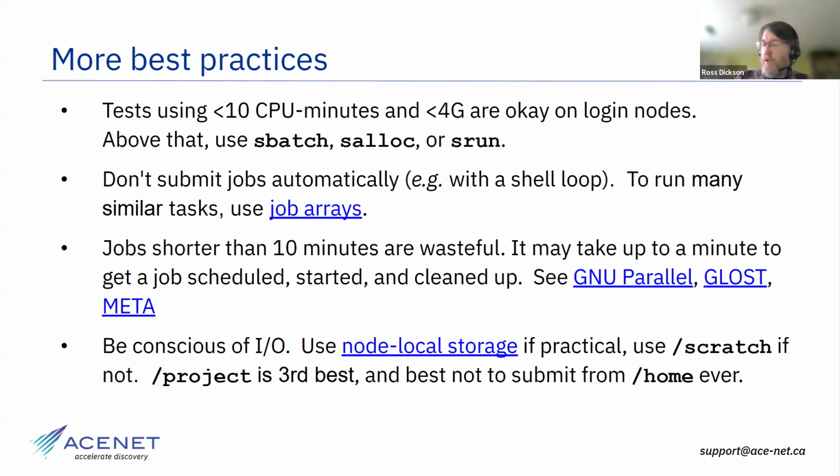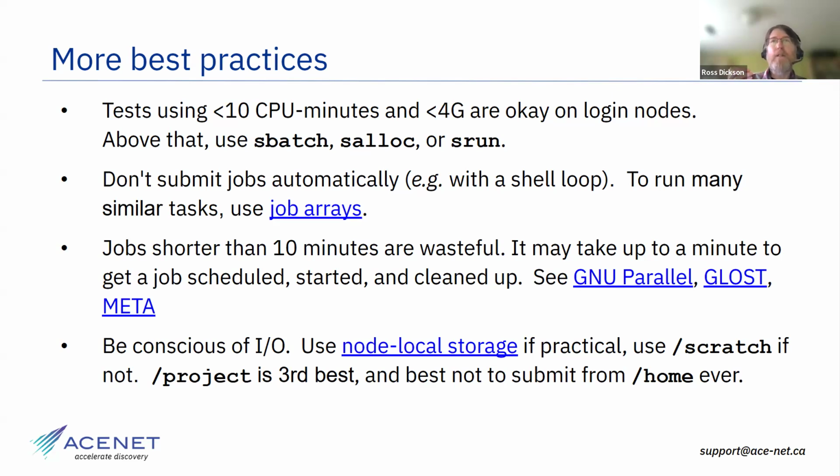We showed you some cool tricks you can do with shell loops yesterday in the shell scripting class. Please don't apply those cool tricks to submitting jobs. If you want to do a shell loop inside your job script, sure, there are perfectly good uses for that. But submitting a bunch of jobs with a shell loop, basically what you're doing is peppering the scheduler with a lot of millisecond or microsecond separated requests.